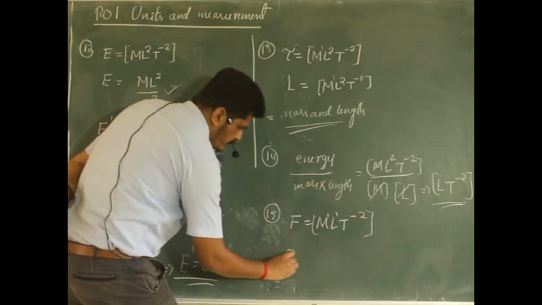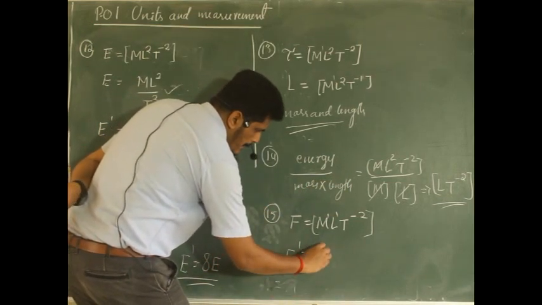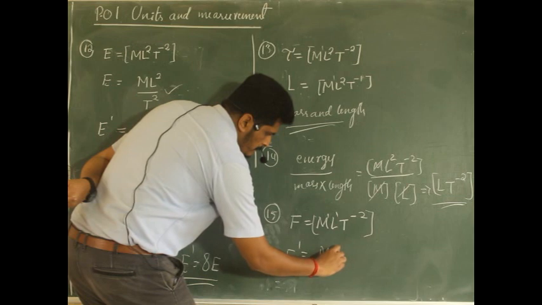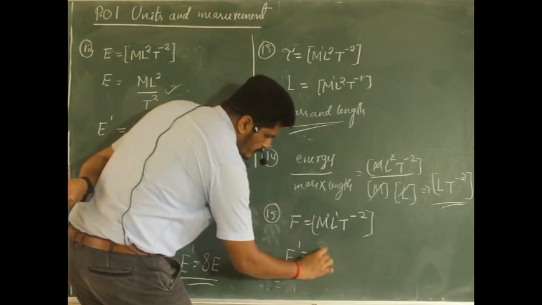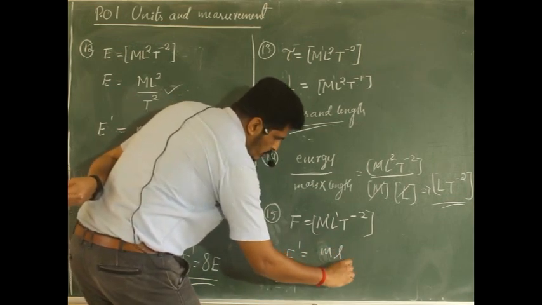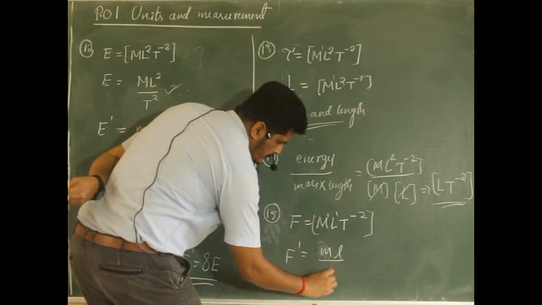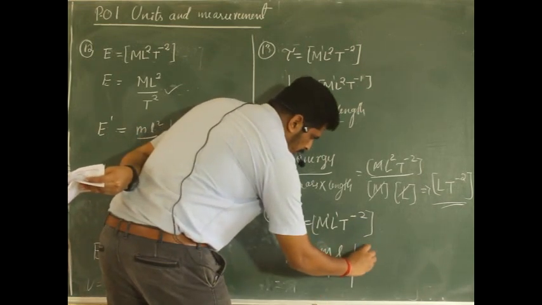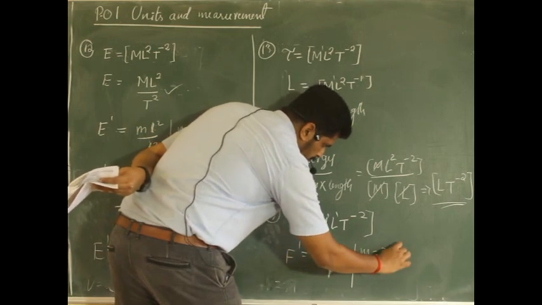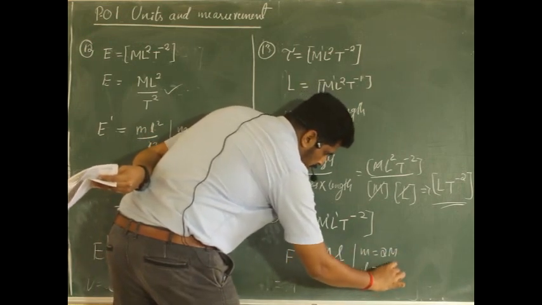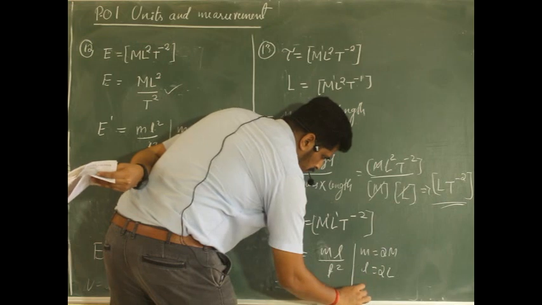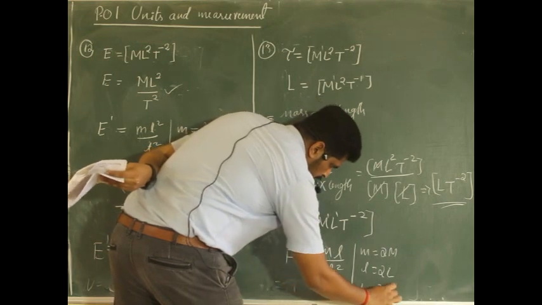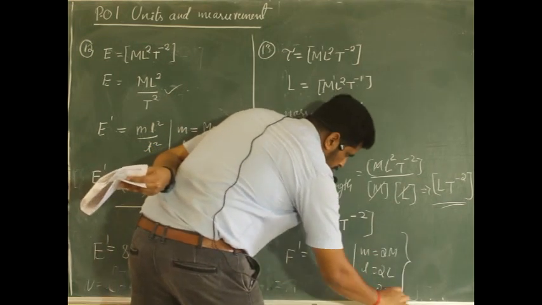That means new force F dash is equal to, I will write like previous, small m, small l divided by t square, where small m means doubled. Like in the previous case, length, everything is doubled, and time is 2 times t. Done?